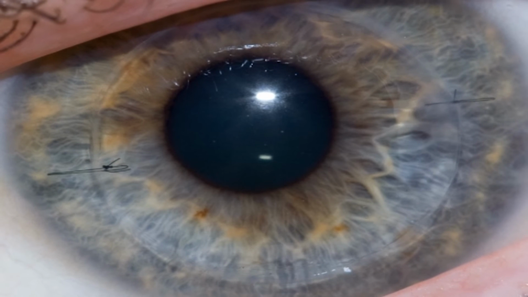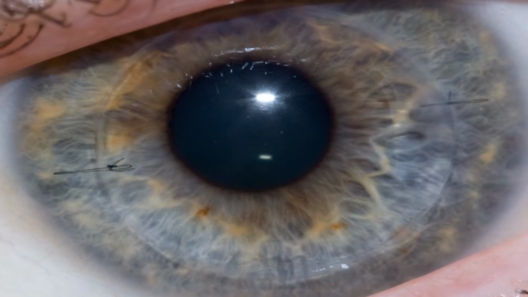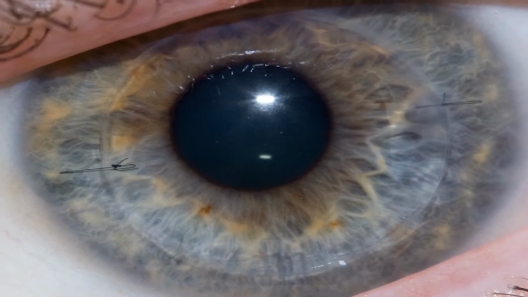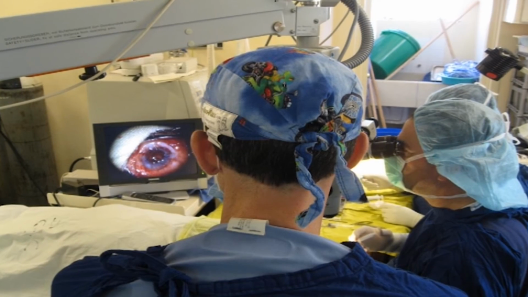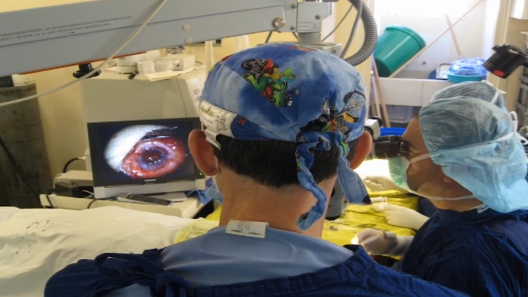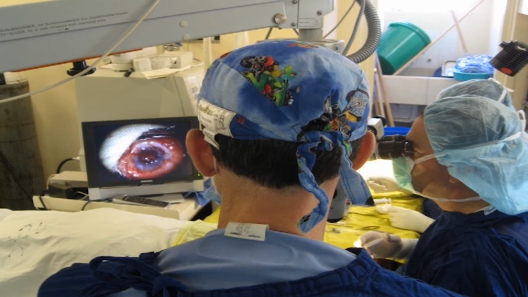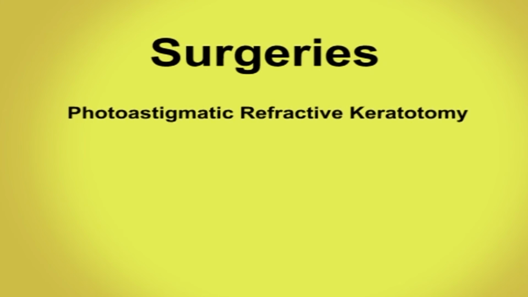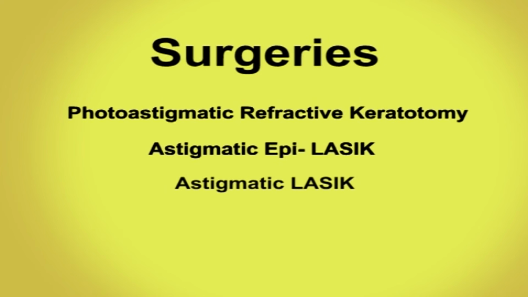To decrease the curvature of the cornea, relaxing incisions are made in the axis of the more plus cylinder, or alternatively extra sutures are placed in the axis at right angles to this. The other surgeries include photoastigmatic refractive keratotomy, astigmatic epiLASIK, and astigmatic LASIK.